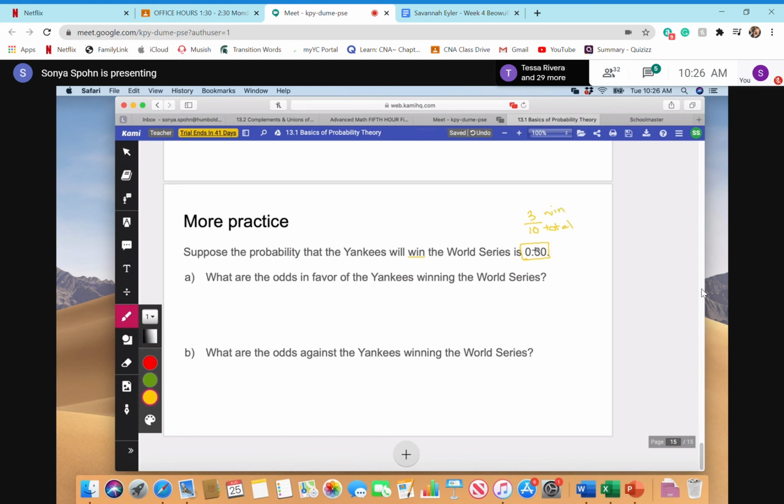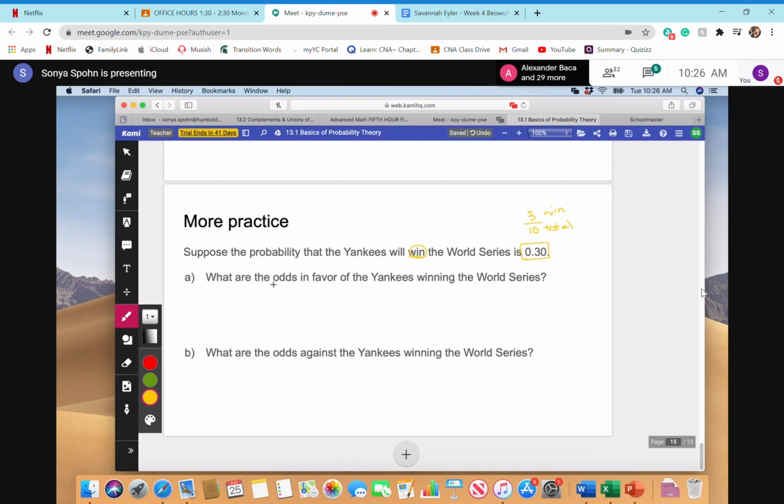So just by knowing that the probability is 0.3, we know that it's also 3/10. 10 is our total, and 3 represents our wins when we go down here and do the odds. Does that make sense, everybody? Turn your decimals into fractions, and then you have your 2 numbers, and you can figure out whatever they're asking over the total.